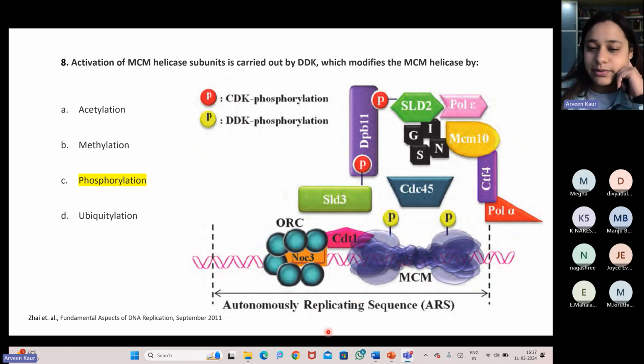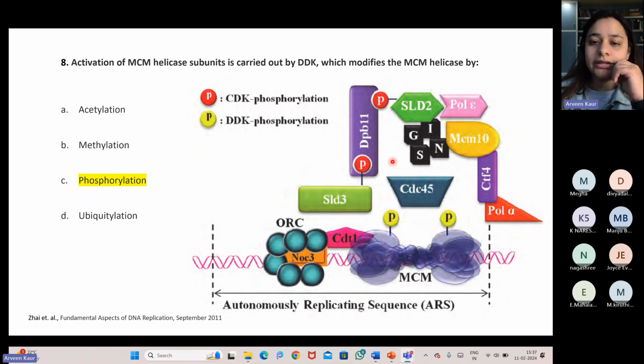Over here, if we talk about this ARS, or autonomously replicating sequence, again, as we talked about, this has an ORC, origin replication complex, and MCM, which is the helicase that was being talked of. Now you can see that this helicase over here is phosphorylated.